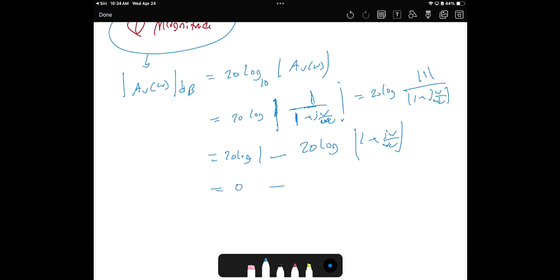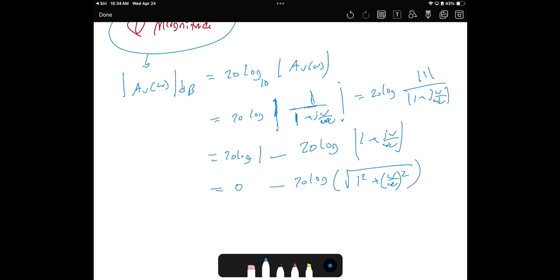Then for 20 log of the magnitude, we need to find the magnitude. And how do we find the magnitude? As we know, from complex number analysis, it's the square root of the real part squared plus the imaginary part squared. Okay?